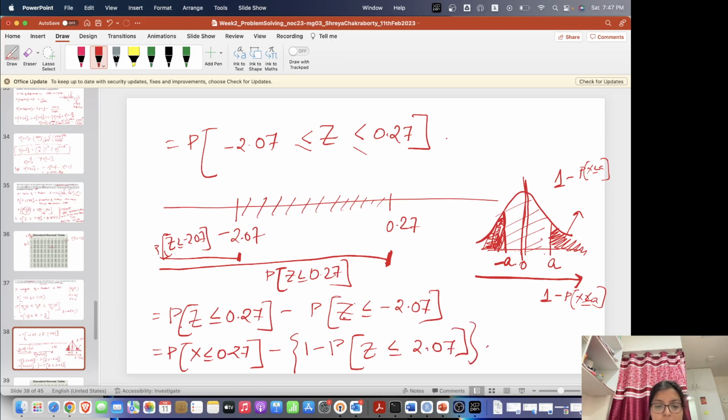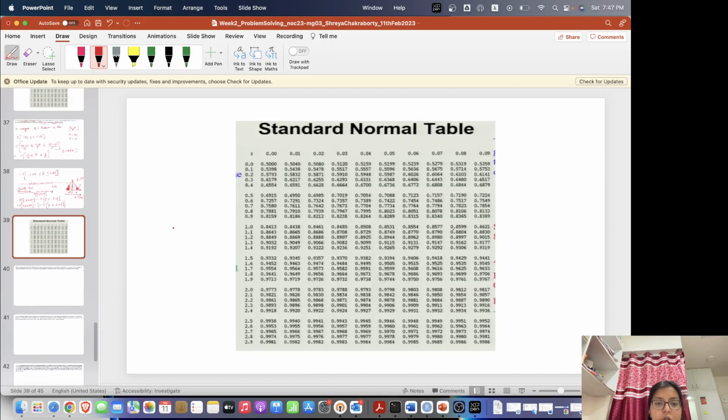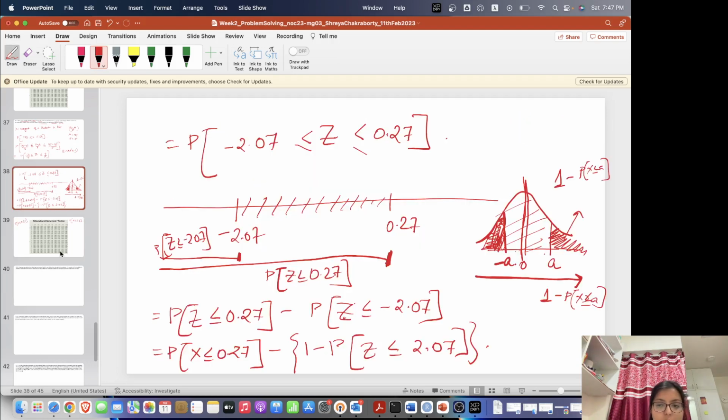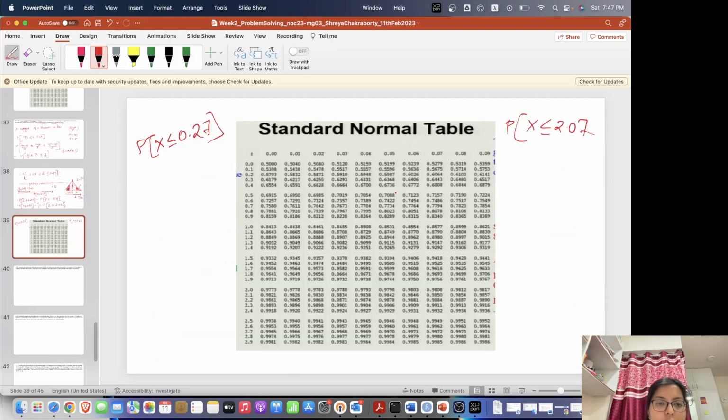So from the table, first we'll determine the value. We need two values: probability x less than or equal to 0.27 and probability x less than or equal to 2.07. Less than 0.27 means 0.2, then going to 7, this one, is 0.6064.